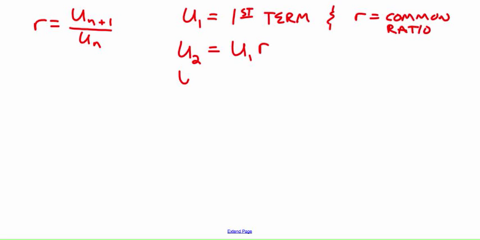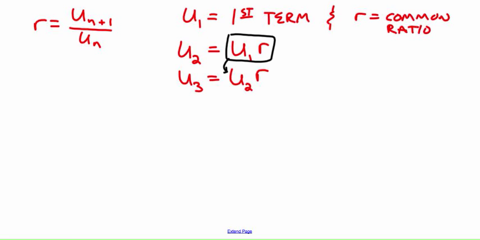So u of 3, that's going to be our second term multiplied by the common ratio. Just as we've done before with other types of sequences, we can recognize that if u of 2 equals u of 1 times r, I can substitute that in for u of 2 there.